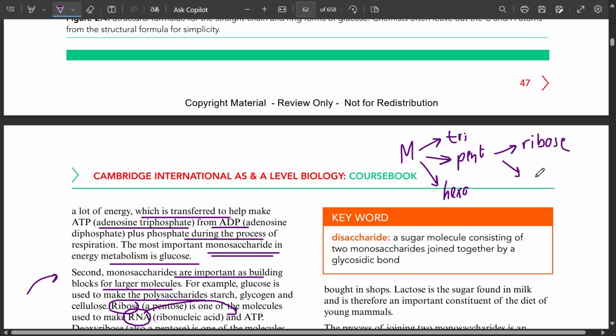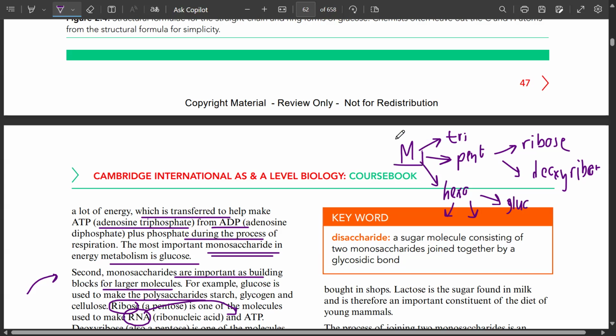Ribose and deoxyribose. Good job. And give me three examples of hexoses. I can't remember. Glucose. Monosaccharide.